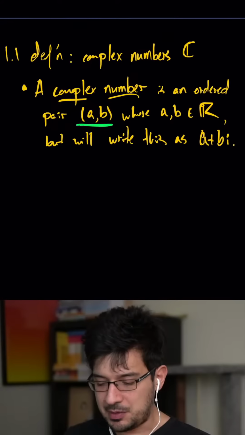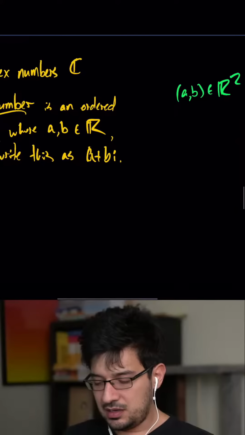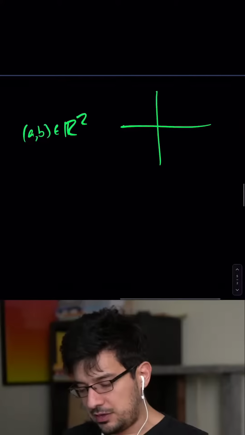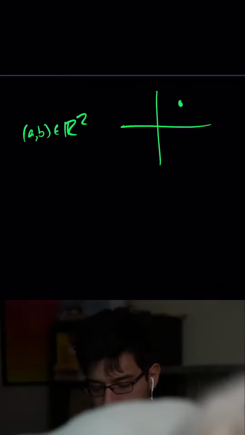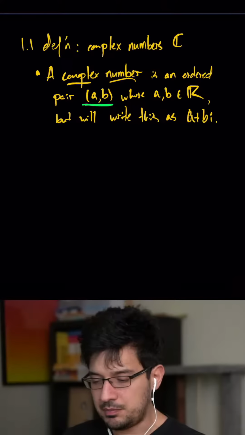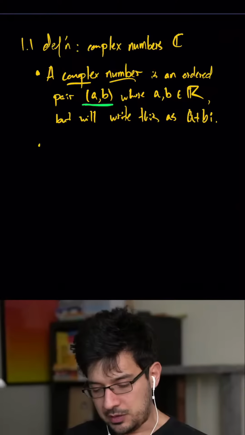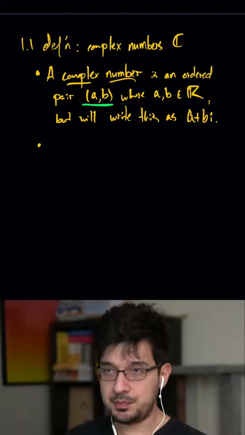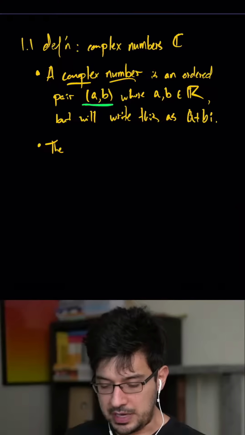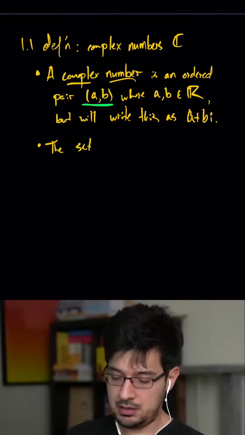Like a complex number is a point in two-dimensional space, R². But we have some special rules about addition and multiplication that make it different than just the regular two-dimensional plane.